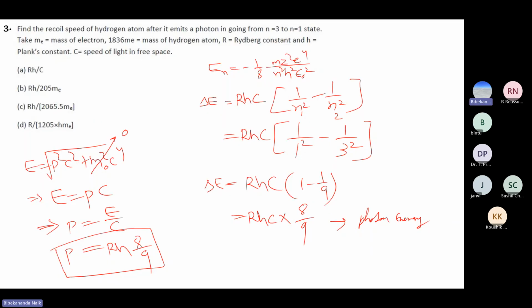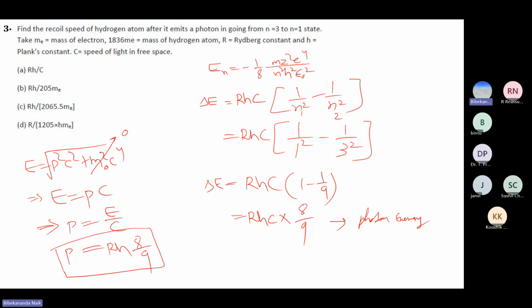The question says there is a hydrogen atom. The hydrogen atom emitted a photon, and due to the emission of that photon, the electron in that hydrogen atom transited from n equal to 3 to n equal to 1 state. So the difference in energy of the two states will be equal to the energy of the photon emitted.